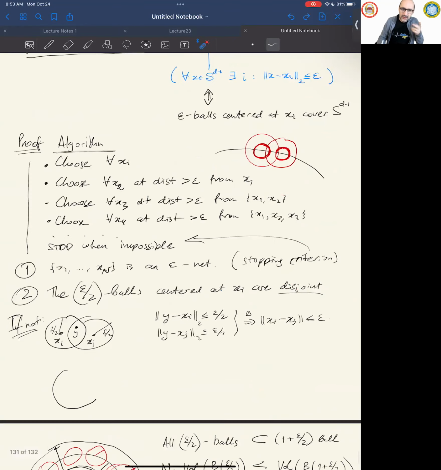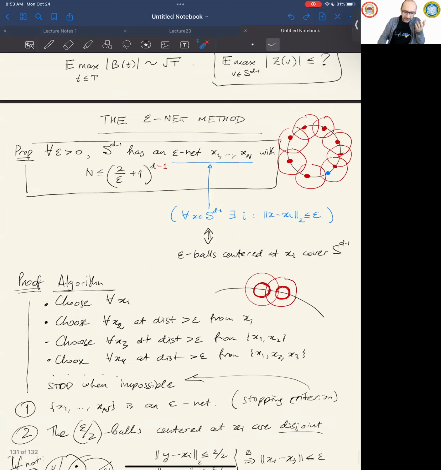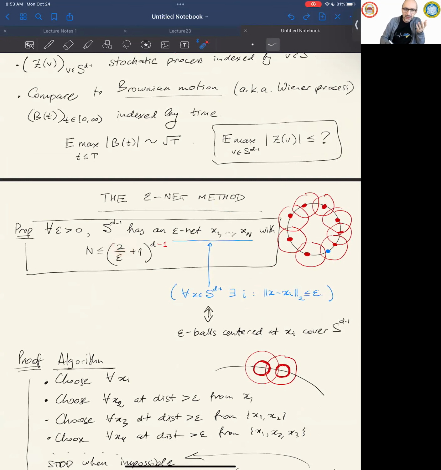That's where we lose between covering and packing. Epsilon covering and epsilon over 2 packing are equivalent, but you lose this factor of 2. So if you don't care about what constant you have here, they're equivalent. If you do care, then not, and it is not an optimal packing, actually.